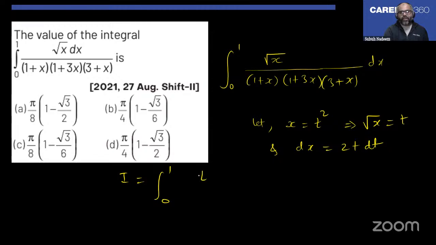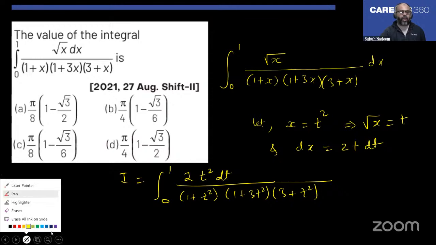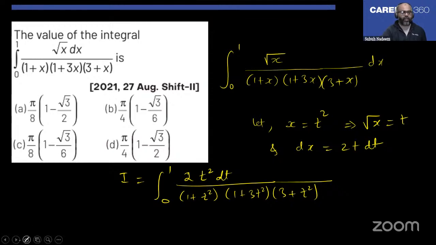Root x is t, dx is 2t dt. So we can say it is 2t square by 2t square dt upon 1 plus t square, 1 plus 3t square, 3 plus t square. Now, before applying partial fraction, we take this 2 outside the integral. What we have?